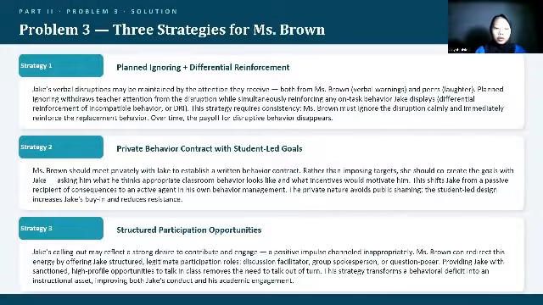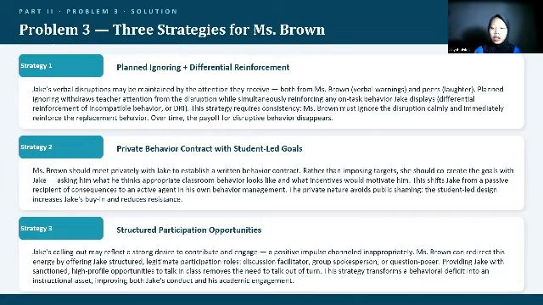Strategy 3. Structured participation opportunities. Jack's calling out may reflect a strong desire to contribute and engage. A positive impulse can be channeled appropriately.